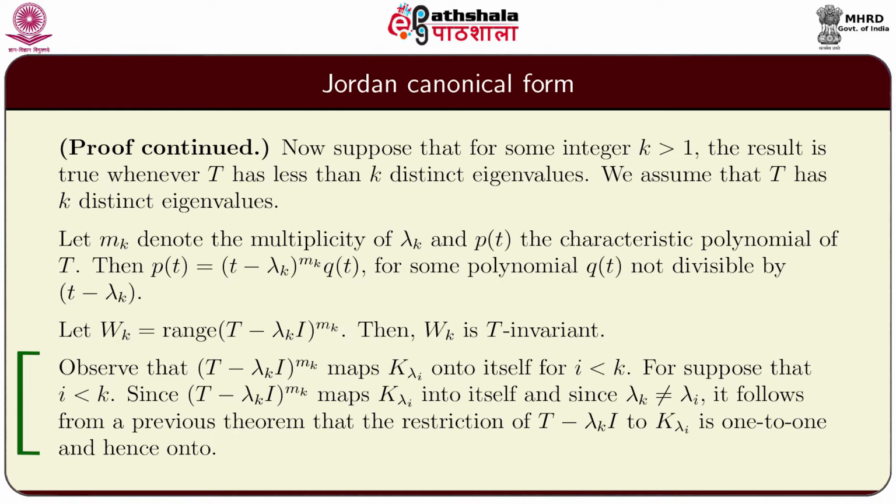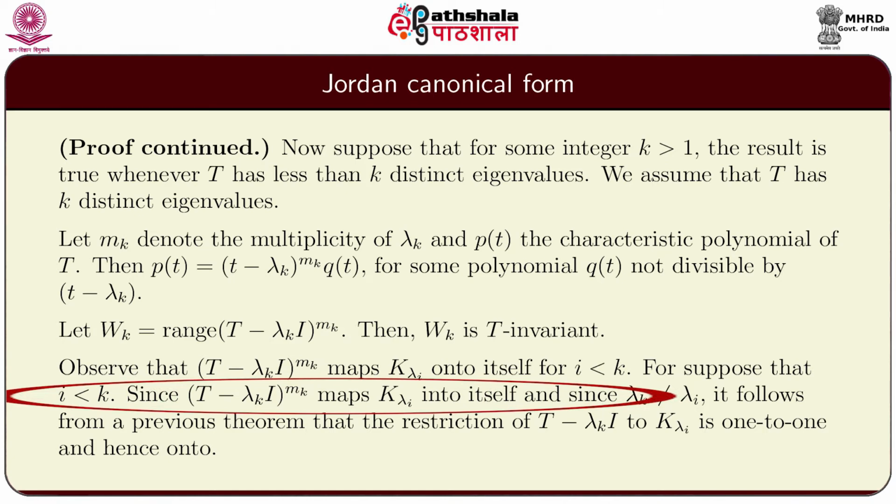For suppose that i is less than k. Since (T minus lambda k I) raised to mk maps K lambda i into itself, and since lambda k is not the same as lambda i, it follows from a previous theorem that the restriction of T minus lambda k I to this generalized eigenspace K lambda i is 1 to 1 and hence onto.